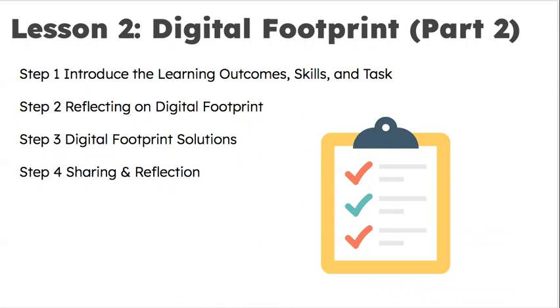From that reflection will come some solution generation as well, especially for those things they might consider questionable or problematic. We want to flip those into positives. Students will think through that and establish some action steps and solutions to drive them forward as far as establishing a positive digital footprint out in the world. So lessons 1 and 2, again, really highlight the digital footprint aspect.